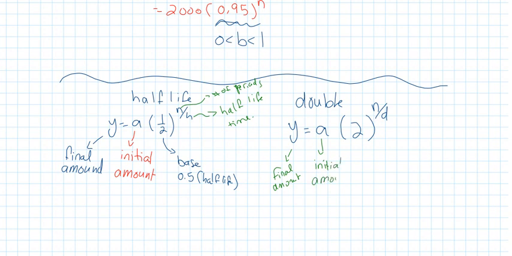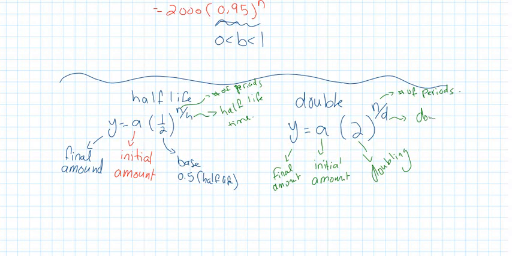Doubling means 2. So your base is 2. That's an increase. N is the number of periods, either in years or in days, whatever. And this is your doubling time. Again, usually that's given to you.